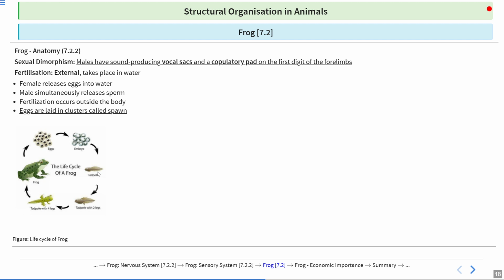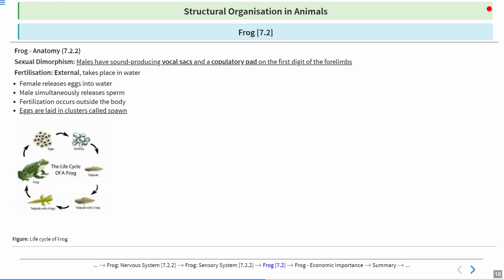So that is why, to have some babies, they lay a large number of eggs, right? And there are some external factors also, right? So there may be a chance that some of the eggs may get damaged, some of the eggs may be eaten by predators, some of the eggs get damaged because of external factors, right? There are many chances. So that is why they lay eggs in large number.